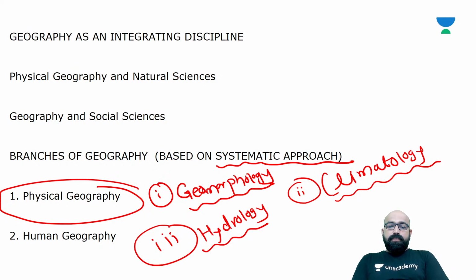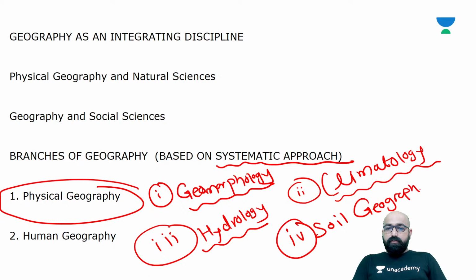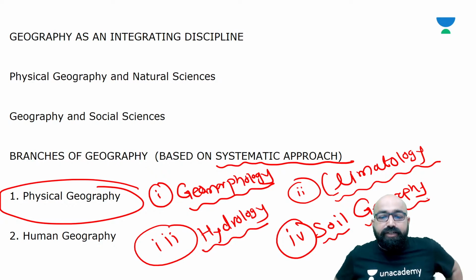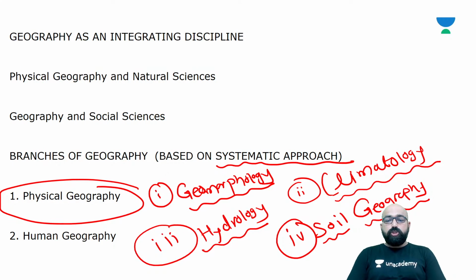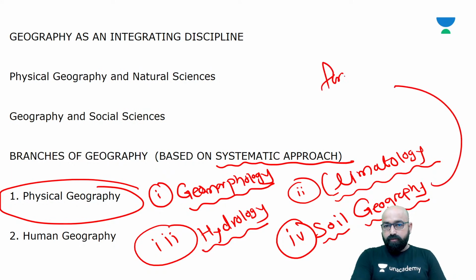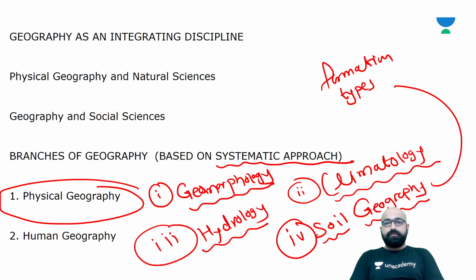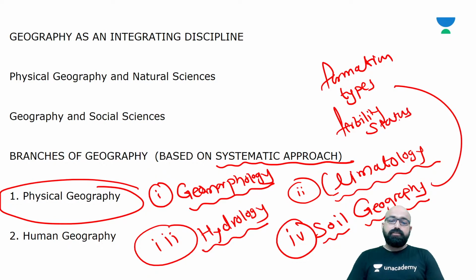Now, after hydrology, soil geography is devoted to study the processes of soil formations, soil types, their fertility status, distribution, and use.